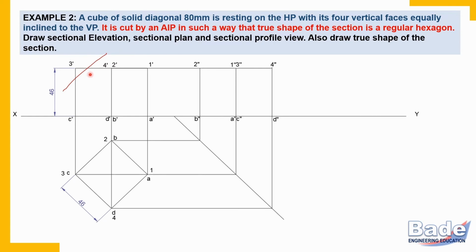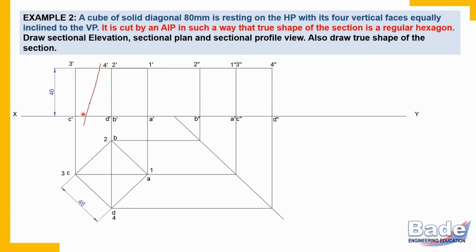So 2 corners at top edges as usual, S and T. And here the cutting plane line cuts a face edge. So this point is PC. So we'll get 3 corners. That is, the section will be a triangle, not a hexagon. Now if you want an equilateral triangle or isosceles triangle, then you may use this cut. But in this problem, this cut is not appropriate.